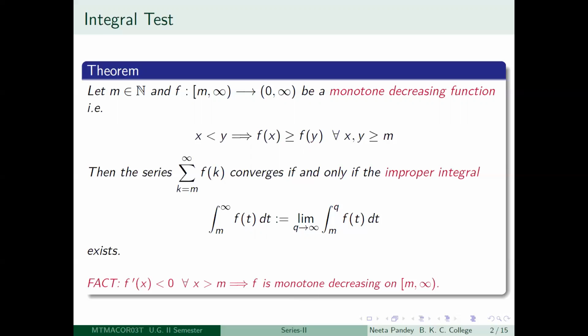You know how to do a definite integral, right? So suppose I take any positive integer q that is greater than m. m is your given positive integer here. So look at the integral from m to q of f(t) dt. This you can calculate, and this will give you a real number, which will be dependent on q.